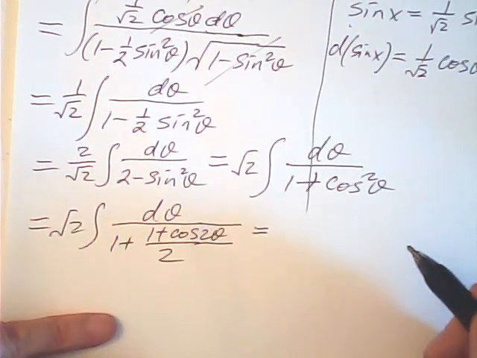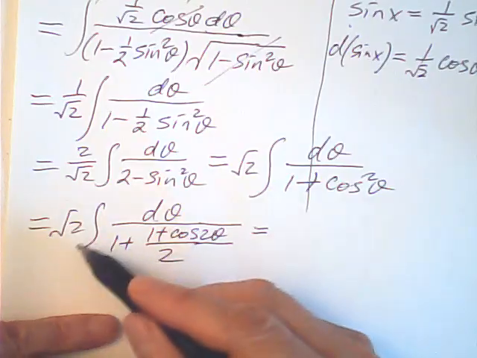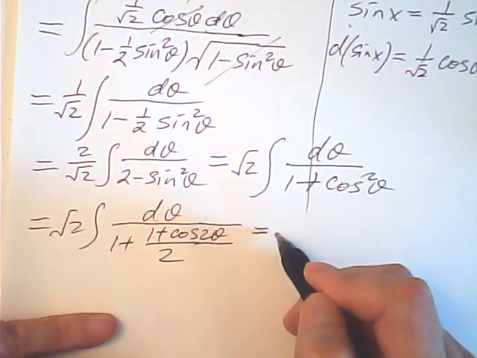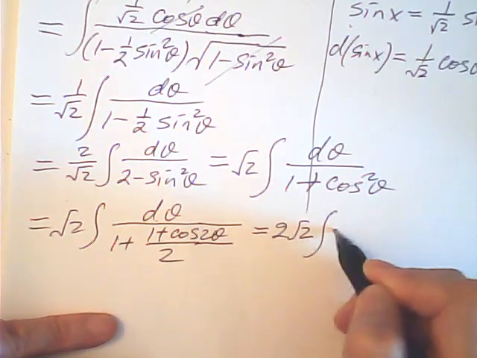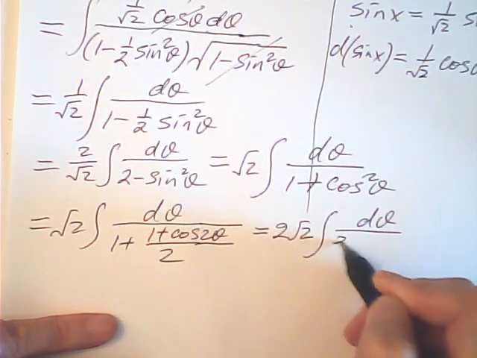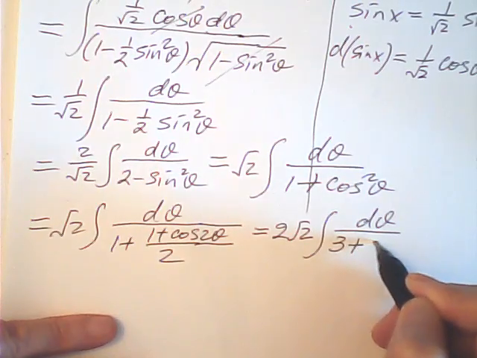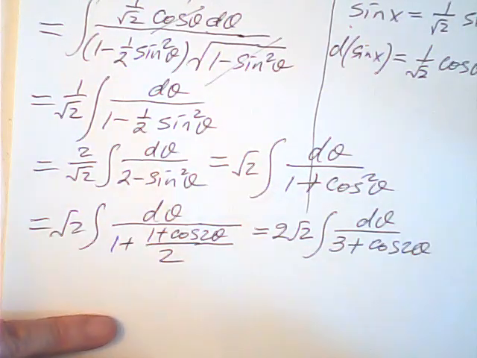And then multiply by 2 again. This is 2 root 2 integral d theta over 3 plus cosine 2 theta.